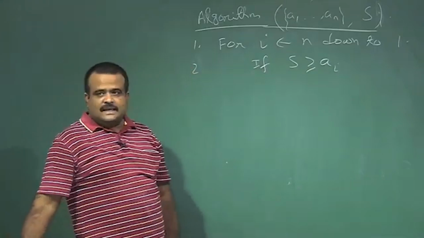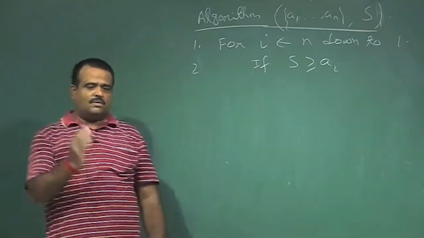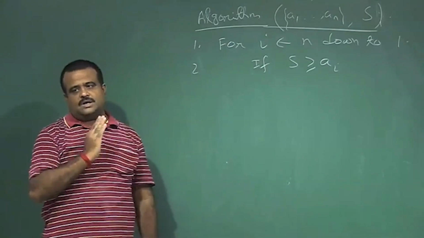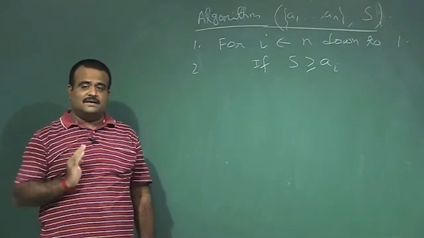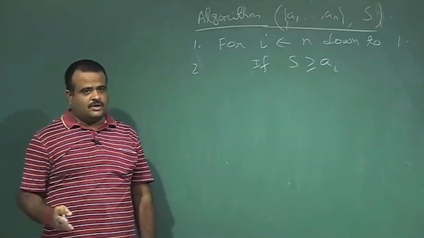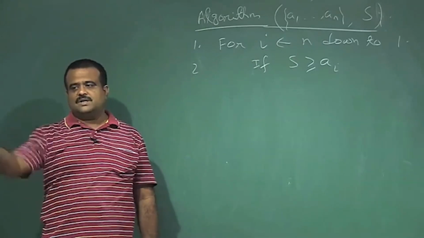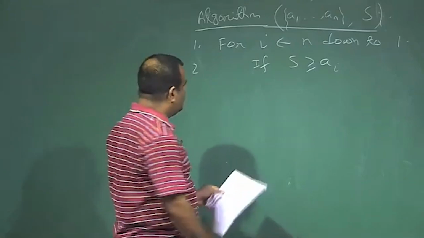If S is greater than An, then we have to choose An, because if you take the sum of all the other elements from 1 to n minus 1, An is greater than that. So if our target is greater than An, then there is no other way other than choosing An into the knapsack. So we have to choose An.